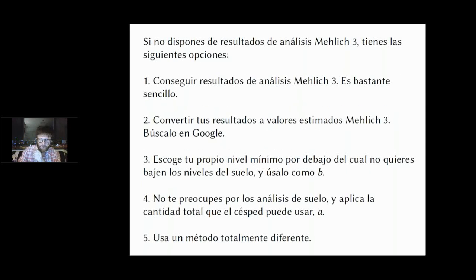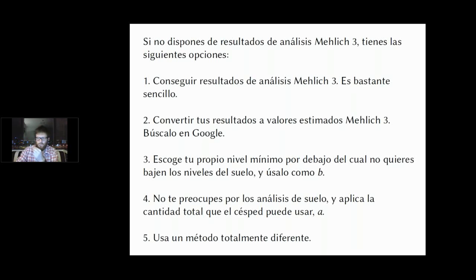And the MLSN guidelines are in the Mehlich 3 soil testing method. And sometimes a question comes up: well, I don't have Mehlich 3 soil test data. What can I do? Here I'm going to give five options. First, you could actually get some Mehlich 3 soil tests.